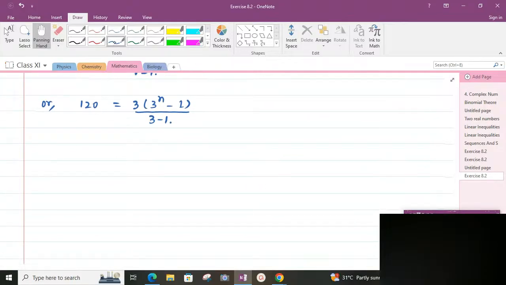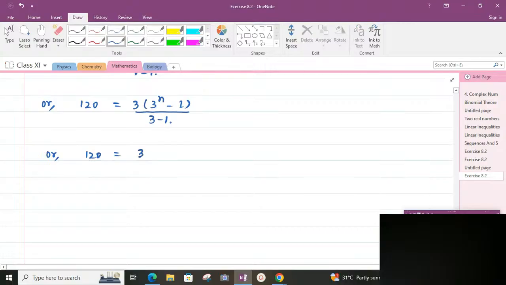So the next step here will be 120 equal to 3 into (3 to the power n minus 1) by 2, or 240 equal to 3 into (3 to the power n minus 1).